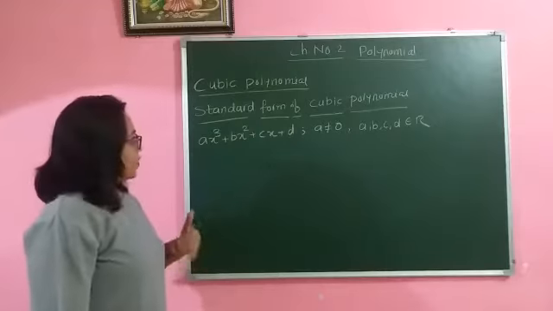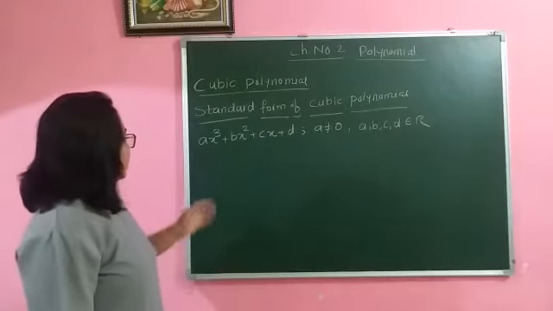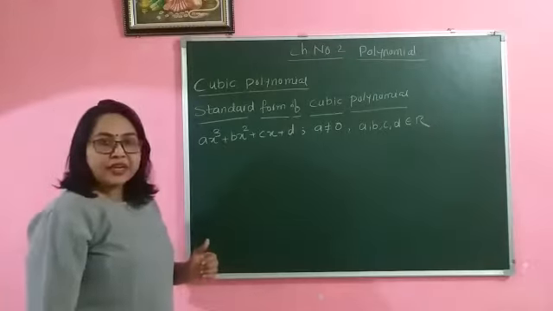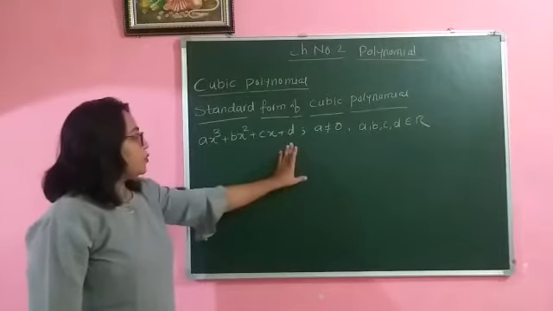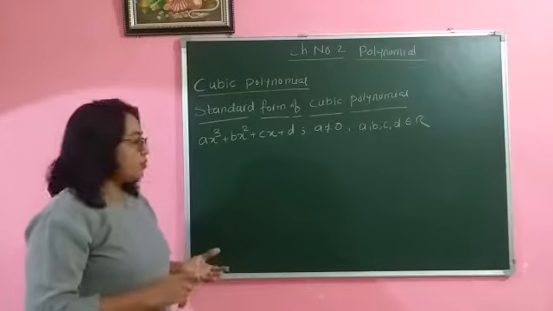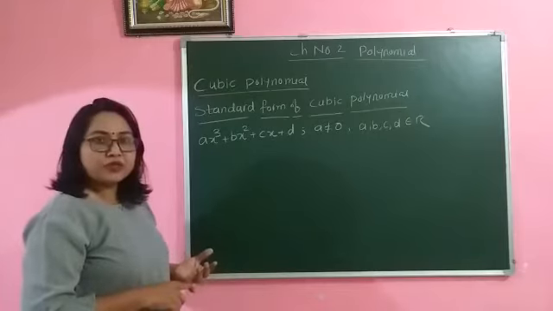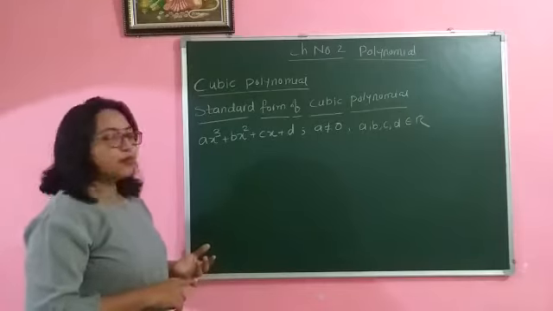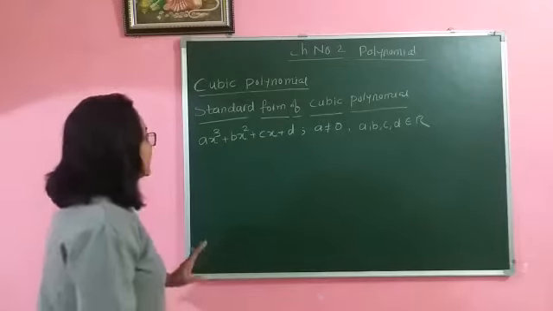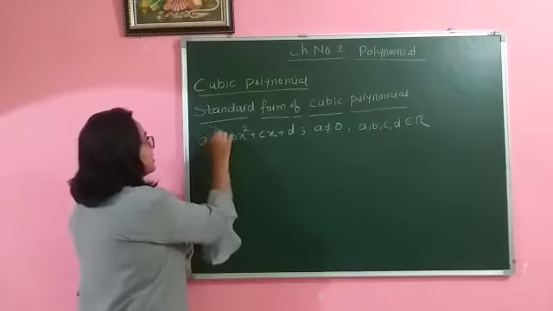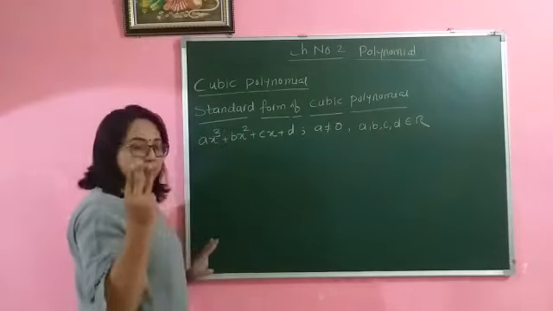Now let us discuss, without finding the roots of this cubic polynomial, how to find the sum of the zeros and the product of the zeros of this cubic polynomial. So what is the highest power here? Highest power is 3.